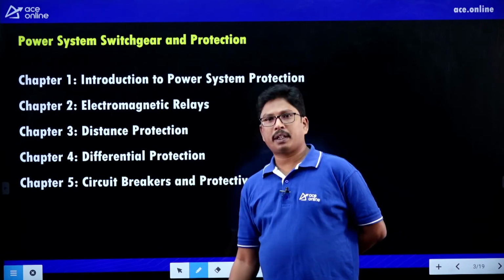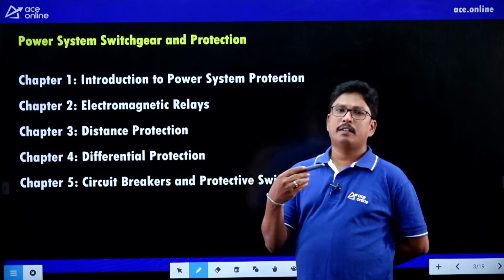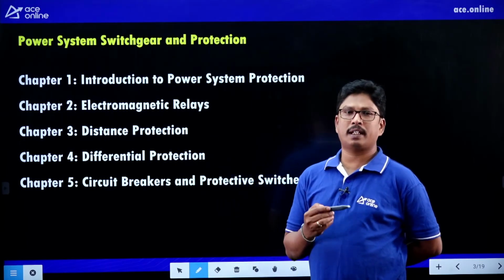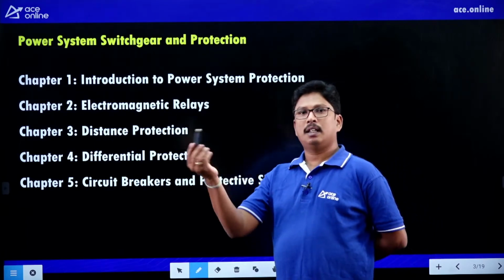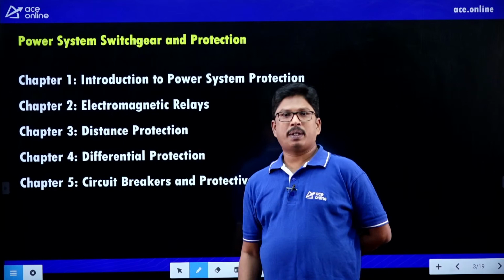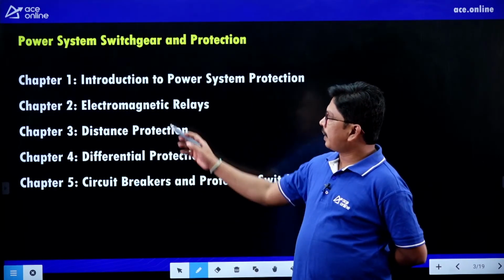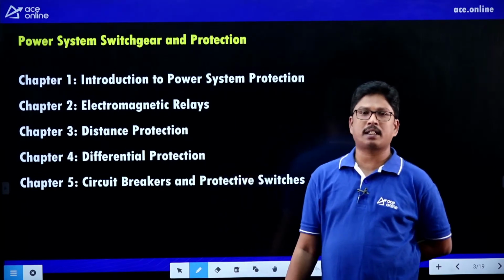And in differential protection, we are going to discuss the Merz-Price scheme of protection, and again the percentage biased differential relay protection, and protection of the transformer, bus bar and generators. In the electromagnetic relays, we are going to discuss overcurrent relays as well as directional relays.